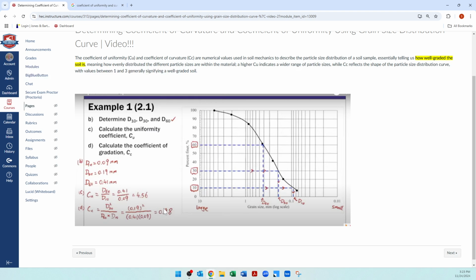So that's a pretty small number in comparison to that. Now go back up here. Values between 1 and 3 generally signify well-graded soil. Okay, here's a value that's down to 1.